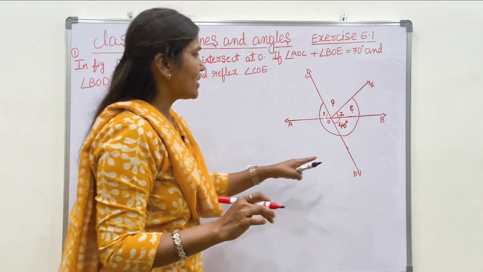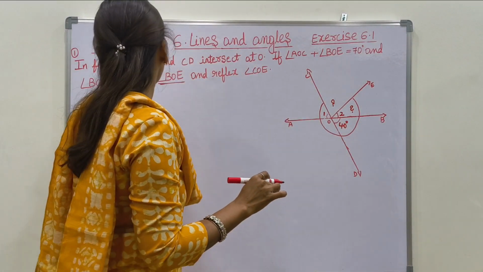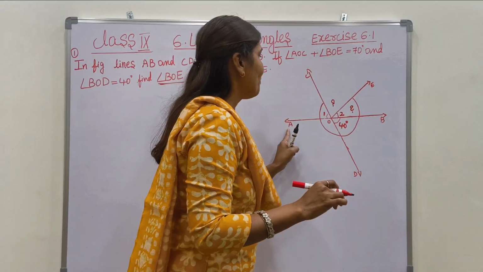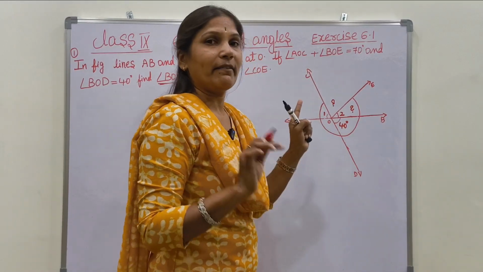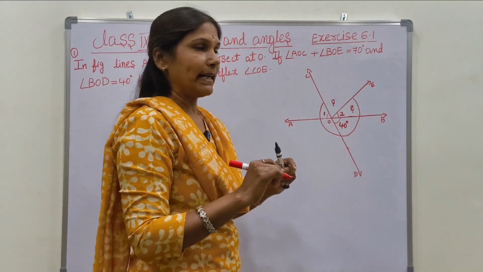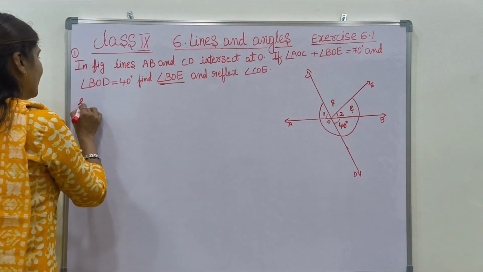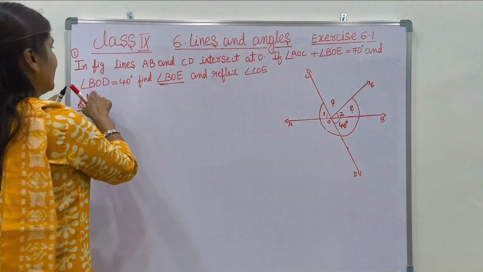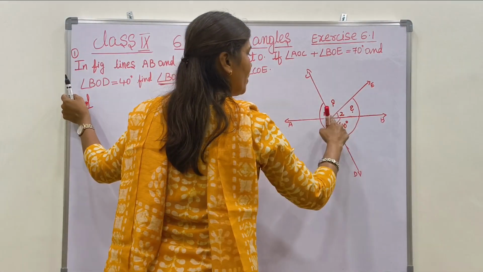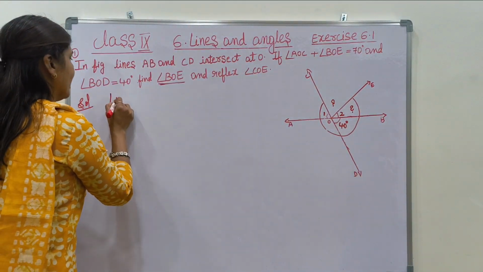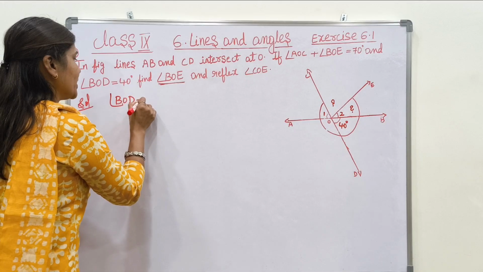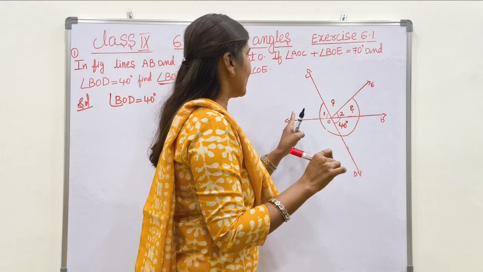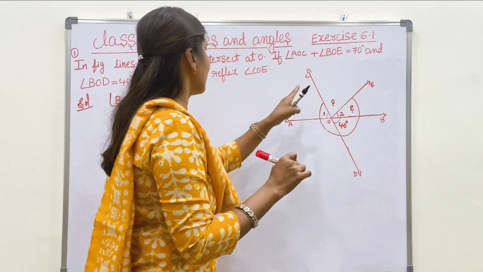Now see here. First we know the BOD. BOD is how much degree? 40 degrees. BOD 40 degrees means AOC is also 40 degrees. Why? Because vertically opposite angles are equal. Now see here beta. First BOD we know. BOD 40 degrees is given.